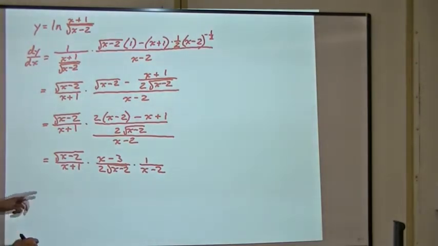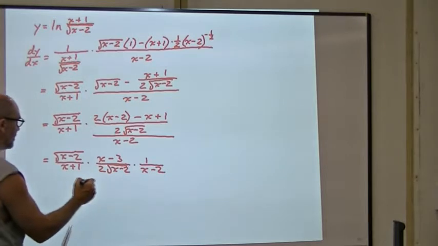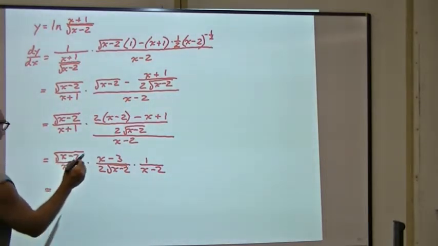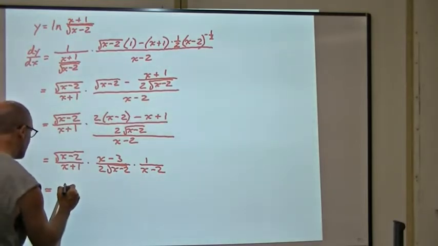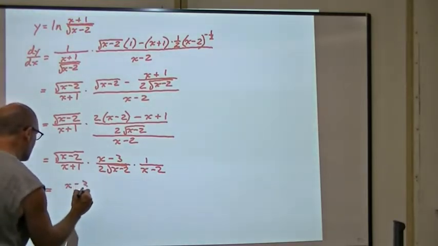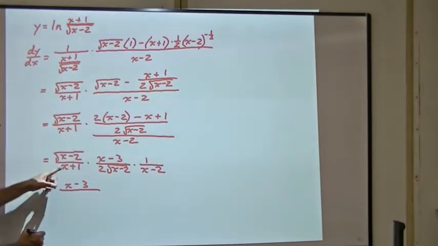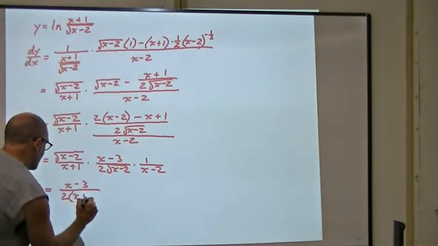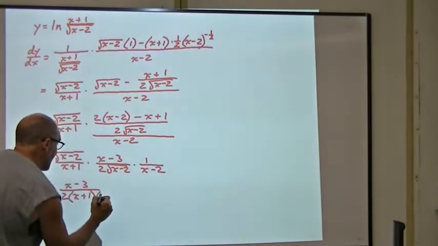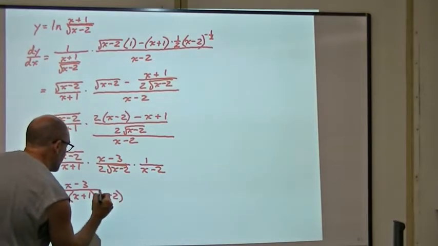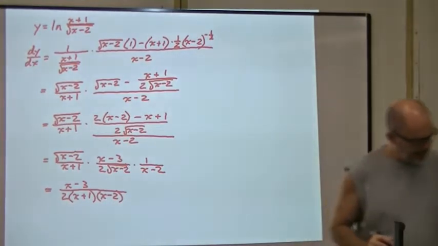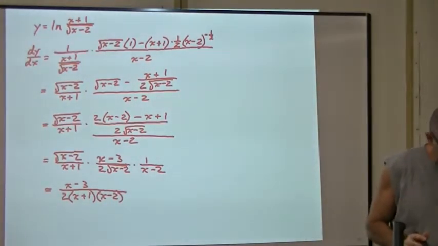So now we can see that the square root of x minus 2's cancel, and we're left with x minus 3 on top and then 2 times the quantity x plus 1 times x minus 2 on the bottom. See if that's actually correct.